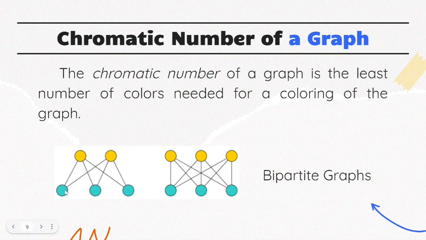No two vertices within a set are adjacent, right? So the first color here, they are not adjacent, as well as the second set, the second color, they are also not adjacent. So that is a bipartite graph. And if we have to determine its chromatic number, there are at least two colors. So its chromatic number is 2.